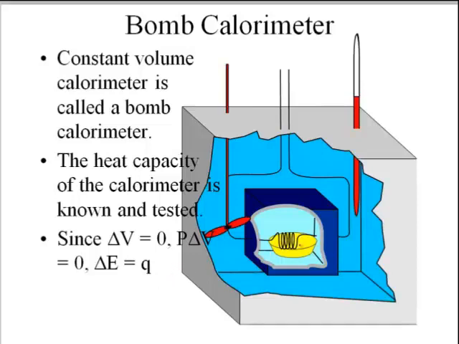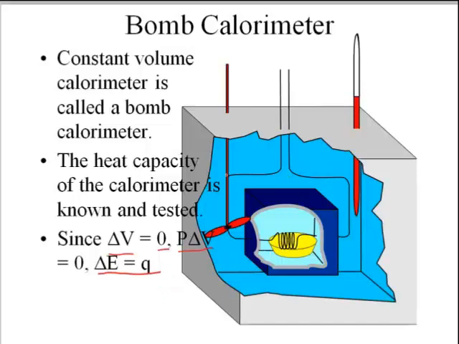And basically what they do is they put a sample in there, they pump this bomb right here full of pure oxygen gas at a very high pressure, and notice that the volume doesn't change, right? So if the volume doesn't change, the pressure times the volume change is zero, and then the energy equals the Q. So you can get the value there.